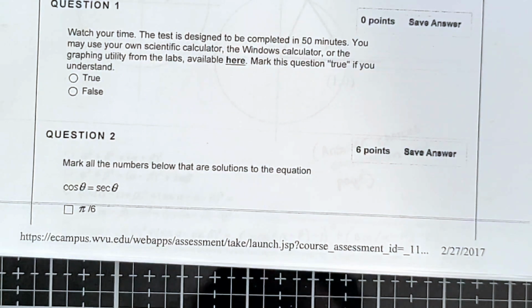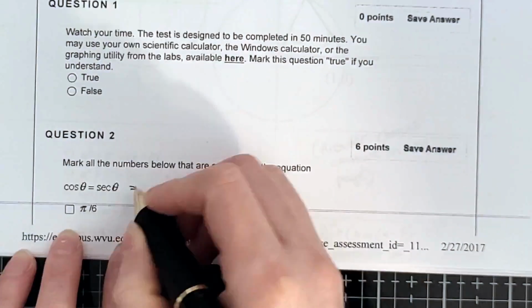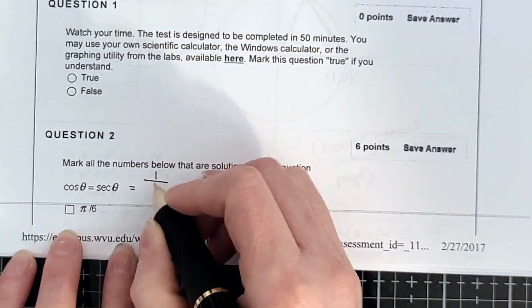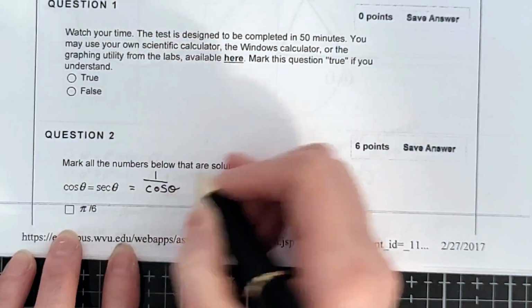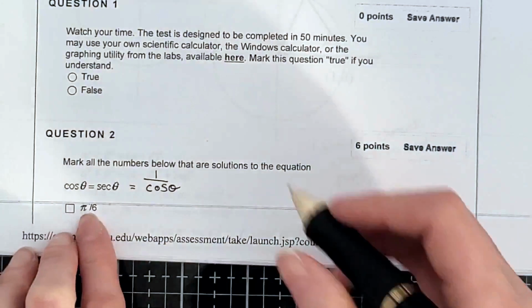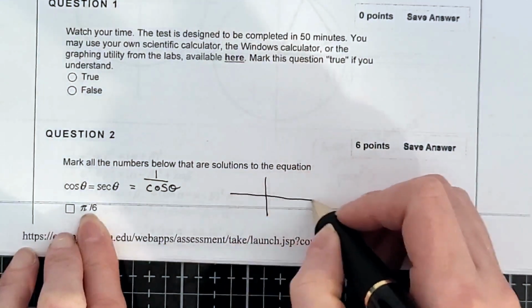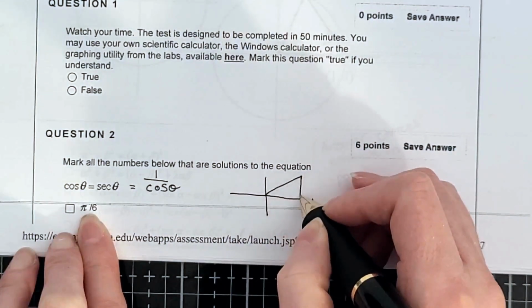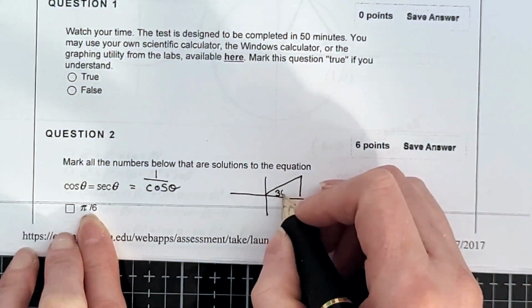Mark all of the numbers below that are solutions to the equation cos of theta equals secant of theta. So if you look at secant of theta, that is the same thing as 1 over cos of theta. So if I look at pi over 6 over here, that would be 30 degrees.